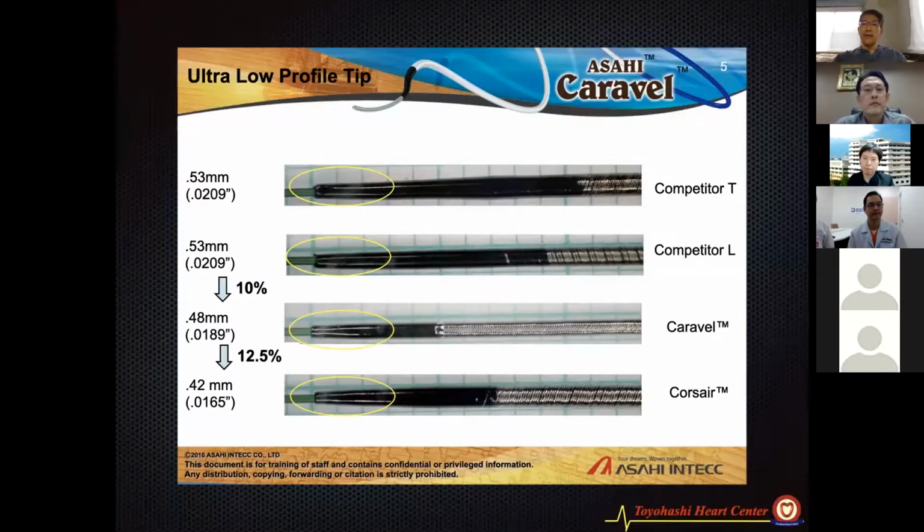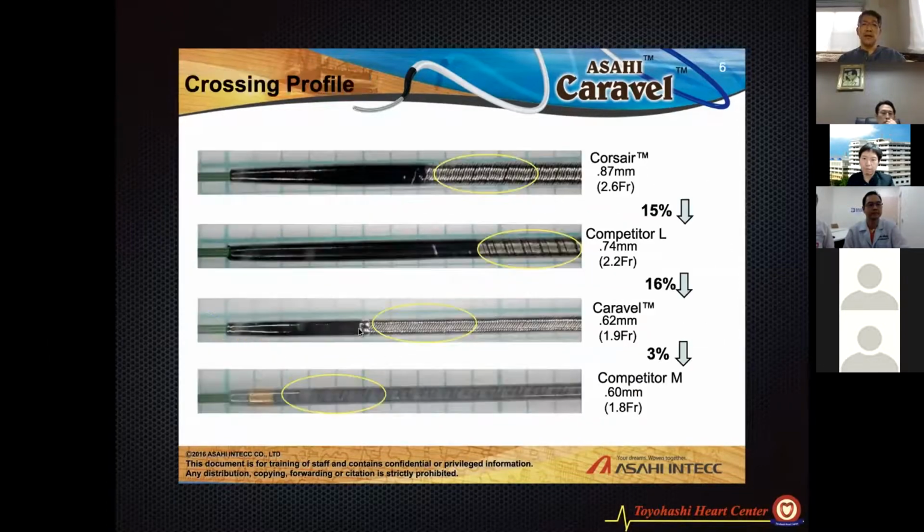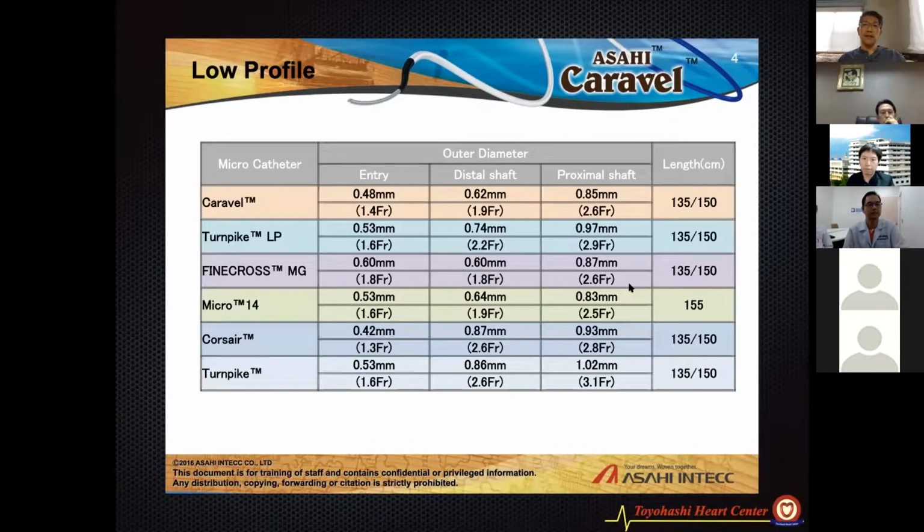And the Caravel, so what is the difference between the Caravel and the Corsair? Also, the tip diameter is a little bit larger in Caravel, but the Caravel is thinner than the Corsair relatively. This is a Caravel, and this is a Corsair. And also the Caravel is a thinner catheter relatively among the similar catheters.